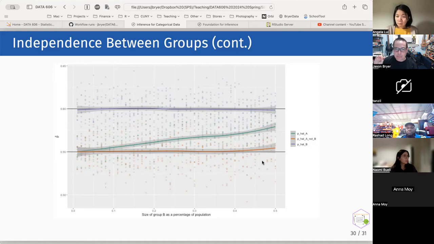Define your populations precisely. So in my higher ed example, this blue line is our retention rate for the master's degree in data science. This red line is the retention rate for the School of Professional Studies, excluding the master's in data science. And this green line would be the retention rate of the School of Professional Studies, but I didn't explicitly exclude the Masters of Data Science.